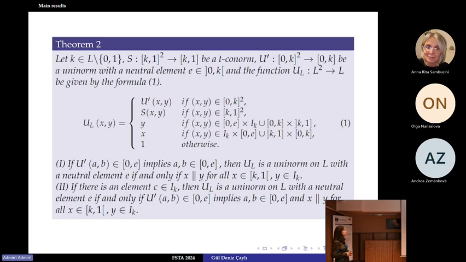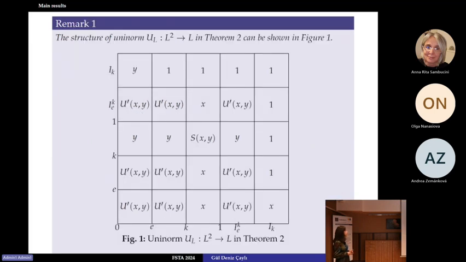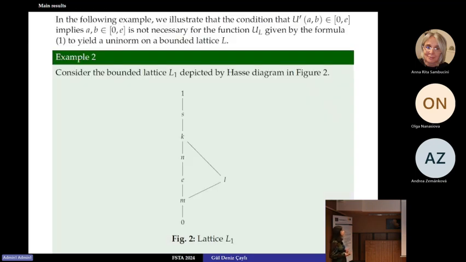If an element C incomparable with K exists, then UL is a uninorm if and only if these statements are provided. We can demonstrate the structure of a uninorm by this figure. In the following, we show that this condition is not necessary for this function to generate a uninorm.